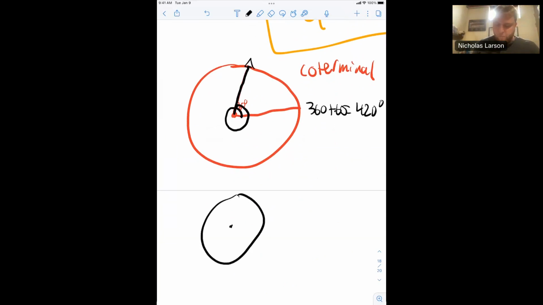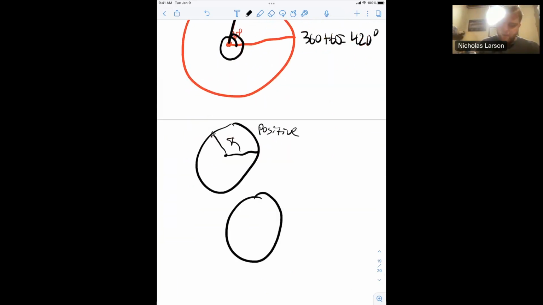We're used to opening up our angles this way. So if we go this way, it's positive. Think about our quadrants, 1, 2, 3, 4. Or if we go the opposite way, say we open it up this way, we would call this a negative.